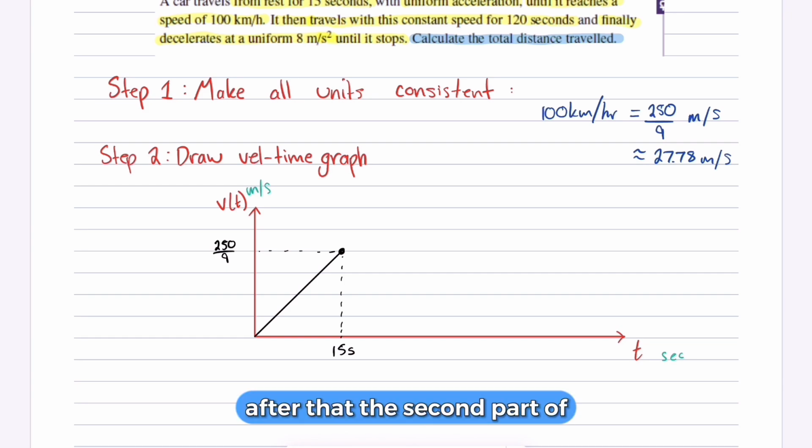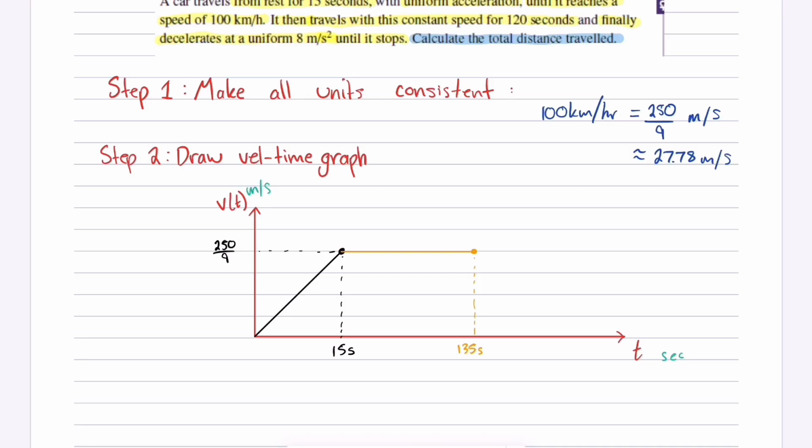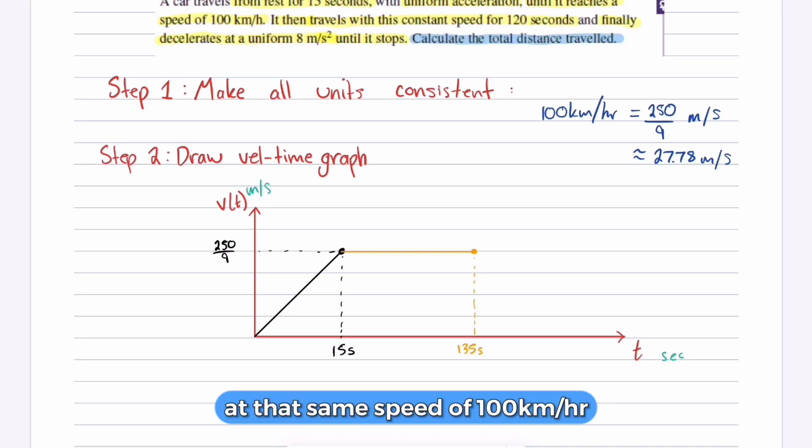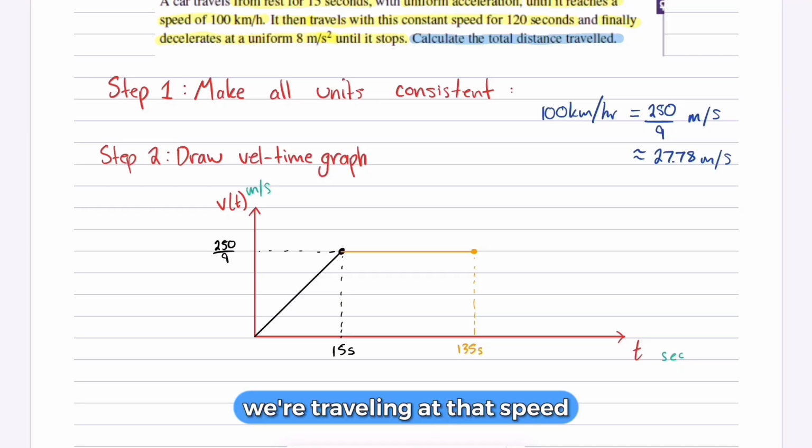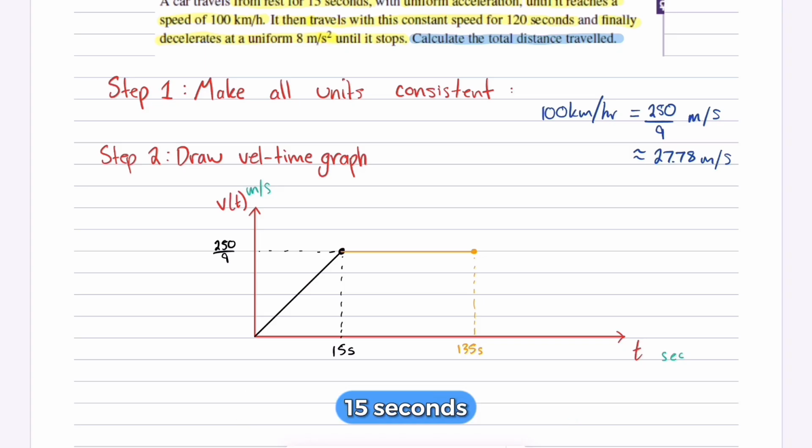After that, the second part of this velocity time graph is traveling at that same speed of 100 kilometers per hour or 250 over 9 meters per second. We're traveling at that speed for another 120 seconds. So all I've done is I've added 15 seconds with 120 to get 135.